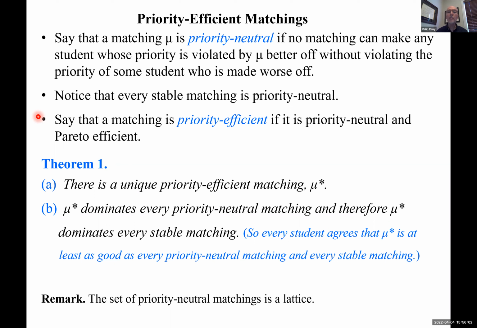Obviously, the coarser the priorities are, the less there is to respect. And so the more matchings are going to be compatible with respecting coarse priorities. So I just don't have anything interesting to say about that beyond what I've said.